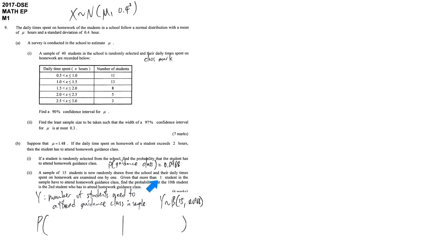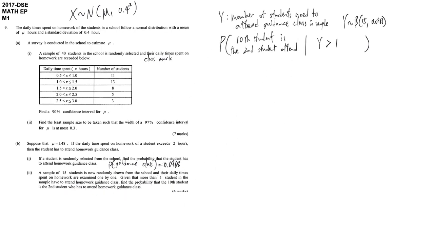What we need is given that more than one student. Beware of the wording: more than one means we don't accept 1. We are talking about Y larger than 1. We're counting from 2, 3, something like that. Under this situation, we are going to find the probability that the 10th student is the second student who needs to attend. Now it gives a clear idea what we are going to do.